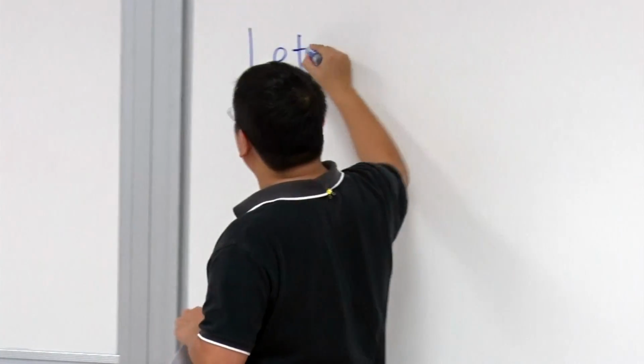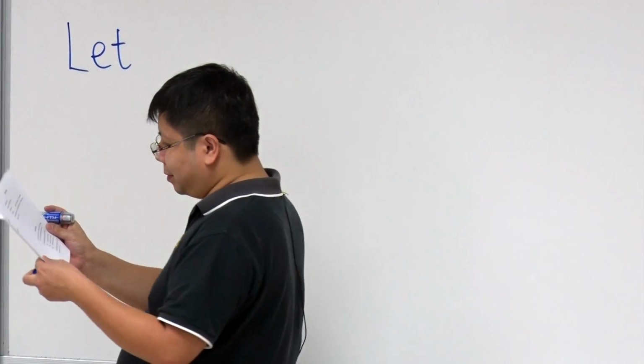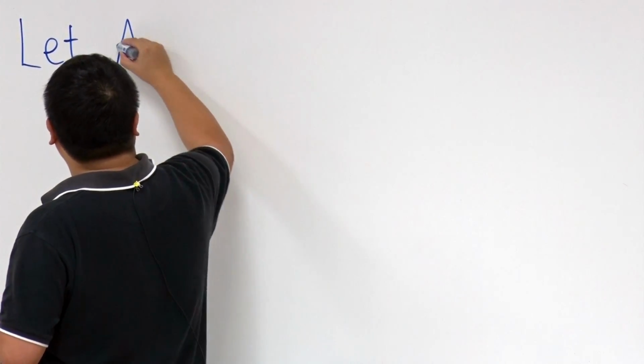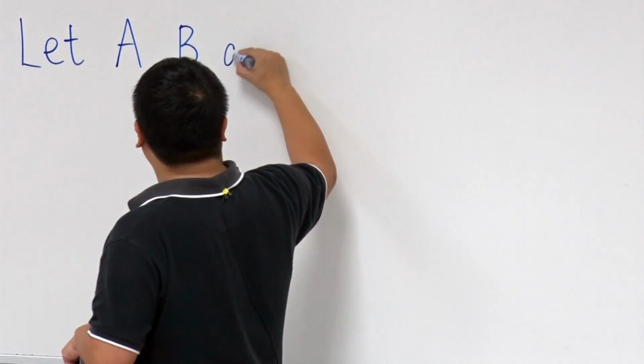So I want to define something called a binary operation. Suppose that A and B are sets.